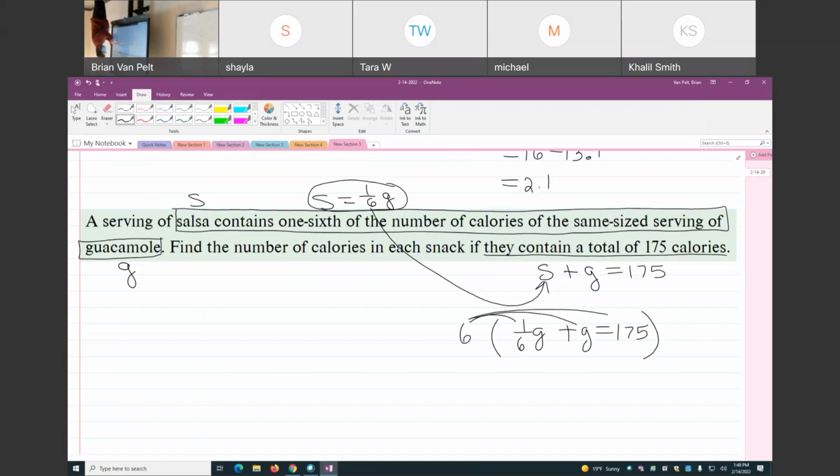What's this called again? Distributive property, right? So I'll take 6 times 1/6 G. And you might think it easier if you put it over 1. Then I'll have plus 6G. And I'll have 6 times 175, which is $1,050 or 1,050.